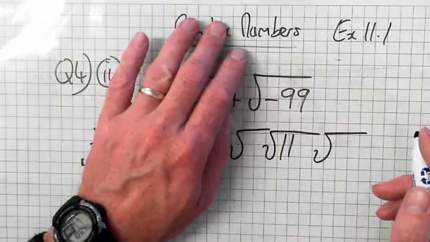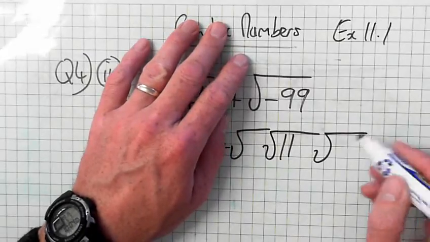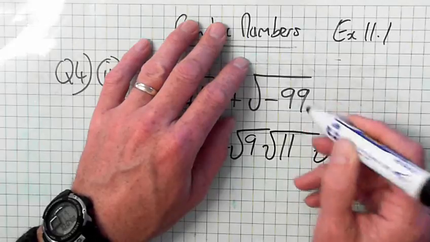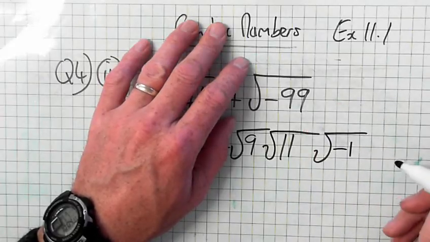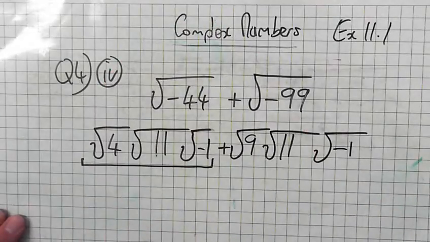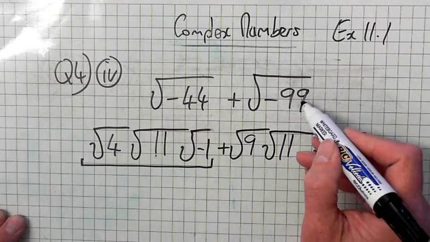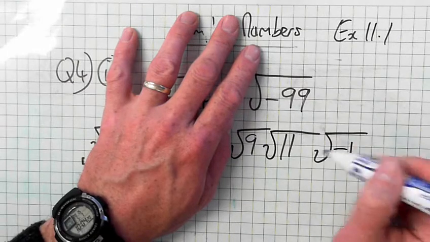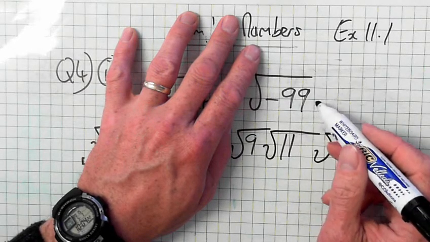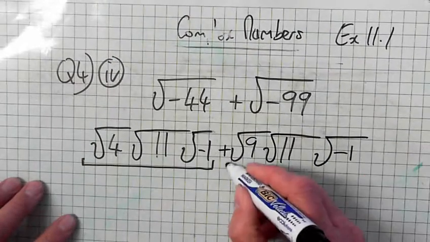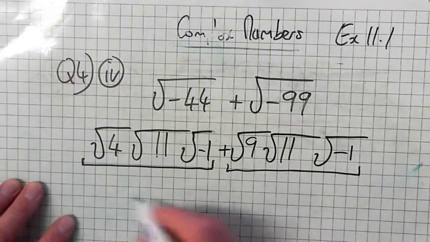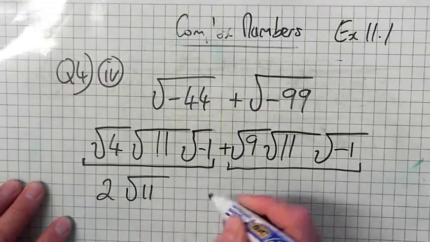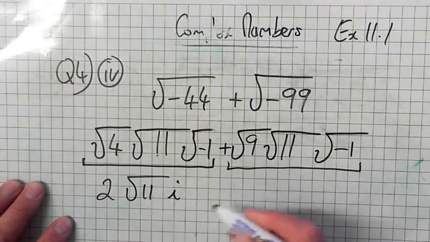And then we need to sort out the square root of minus 99. So it's 9 times 11 is 99, and we need the minus 1. Where do you get the minus 1? So it's minus 99. Oh, yeah. So we need the minus. 9 times 11 is just 99, times minus 1 is minus 99. I shall tidy it up. The square root of 4 is 2, square root of 11, and this is i.